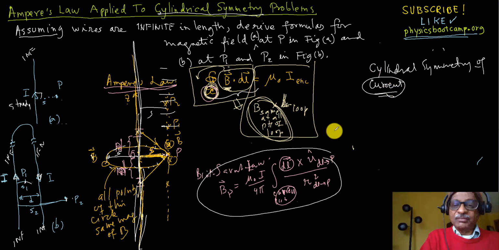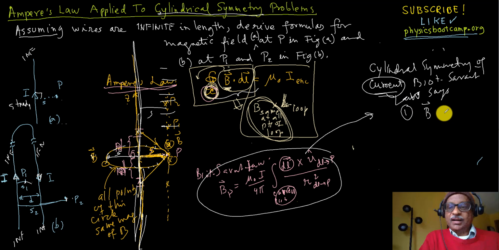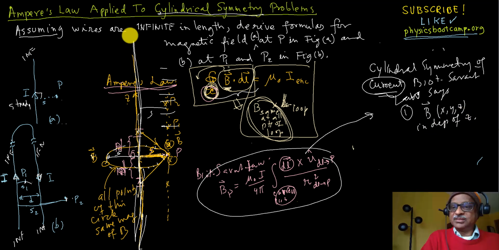Because of cylindrical current, the Biot-Savart law says one thing: B, if I write down X, Y, Z, is independent of Z, because the current is along the z-axis, okay?